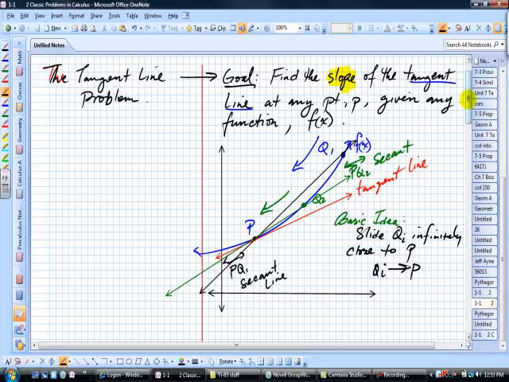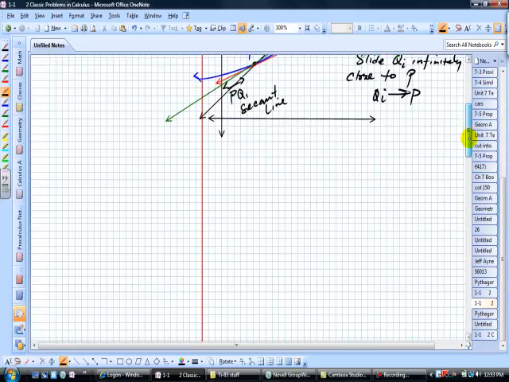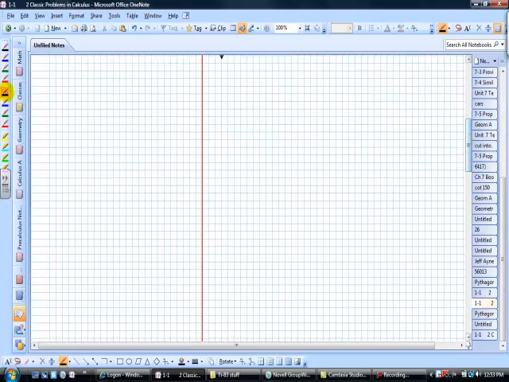Okay? So let's take that idea and apply it to a real example here. Call this example 1.